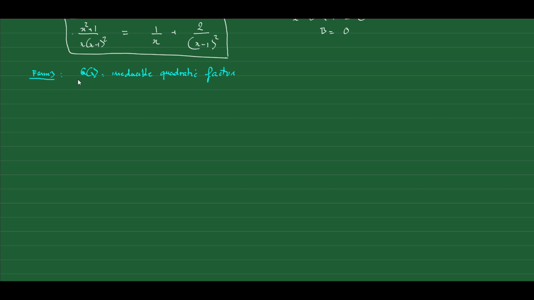Then the form will be something like this: P of x over Q of x. And on the top, instead of just a number, you could have a linear factor, and on the bottom you have ax plus b over x squared plus bx plus c. This is the quadratic factor, irreducible. It means that you cannot factor this one. Unfactorable, that's what irreducible means.